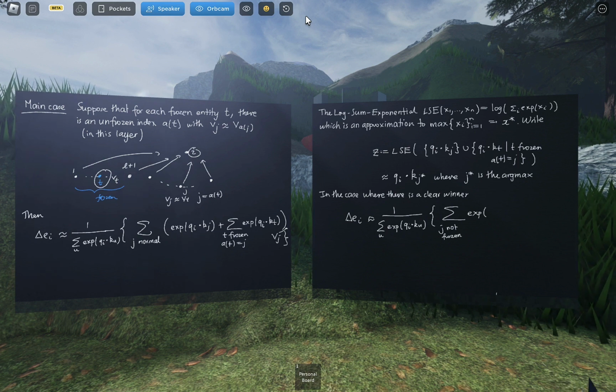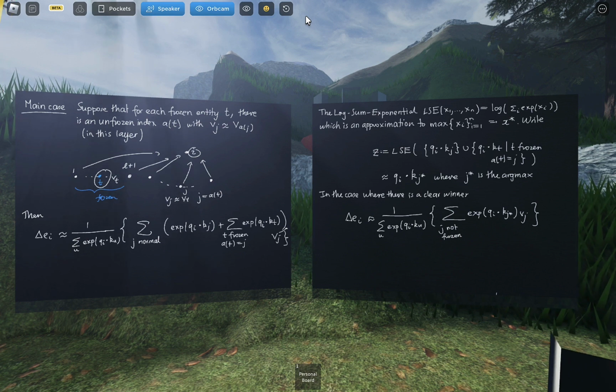And in this case, you can do much better than this. This is not entirely unrelated to some of the things that Ben was talking about in his seminar talks on renormalizing Ising models, right? But okay, for the moment, this very rough calculation gives you that the gradient update looks like a sum over the non-frozen entities.